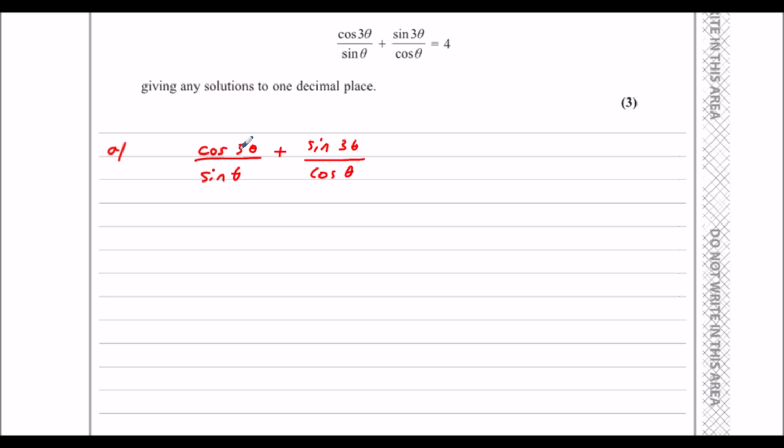So let's multiply top and bottom of cos 3 theta over sine theta by cos theta. So I have cos 3 theta cos theta over sine theta cos theta. And we'll multiply the top and bottom of sine 3 theta over cos theta by sine theta.